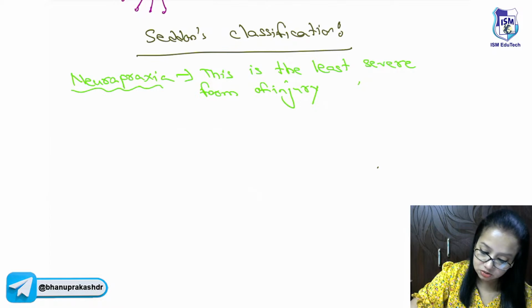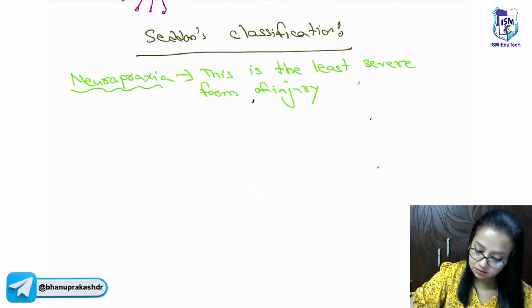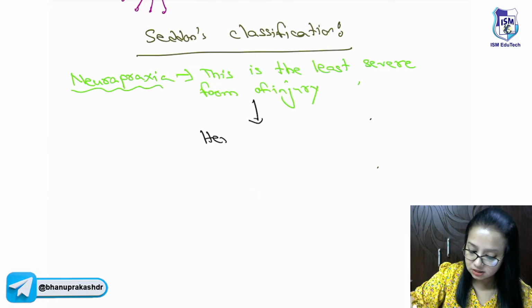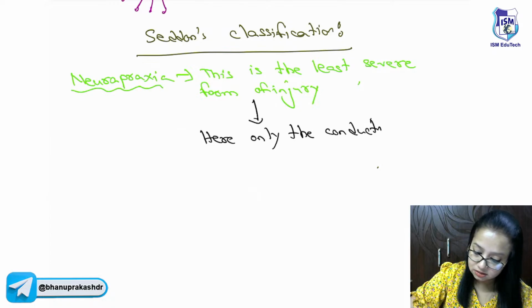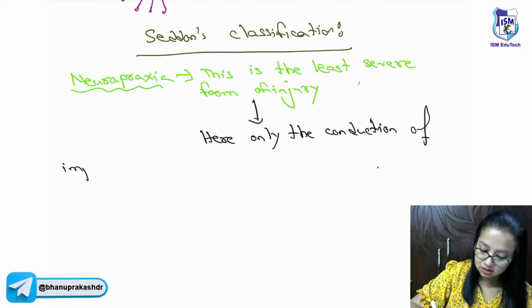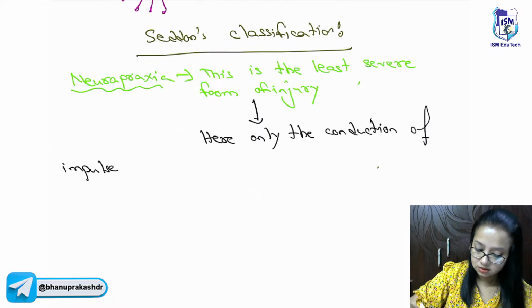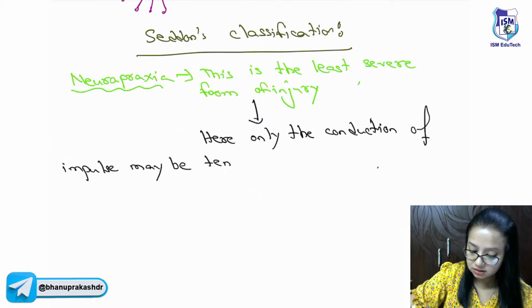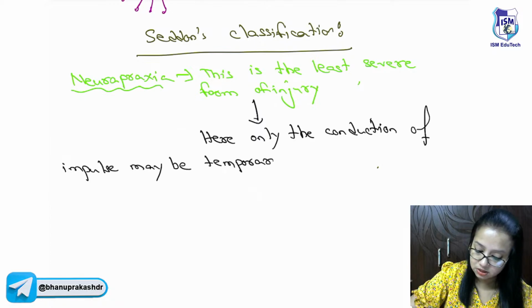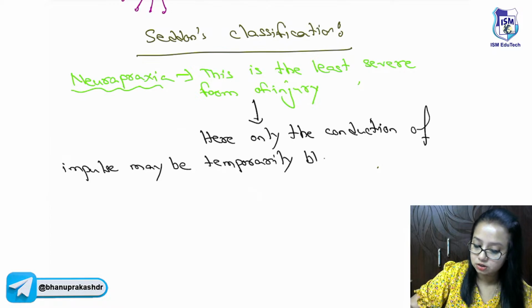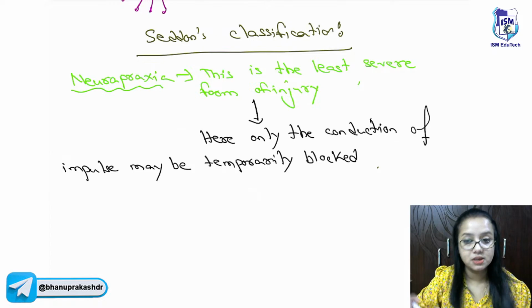So here actually what happens is, here only the conduction of impulse may be temporarily blocked. Okay, only for a little bit of time, the conduction of impulse may be blocked.